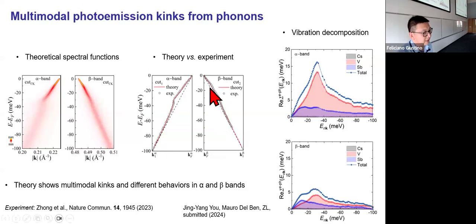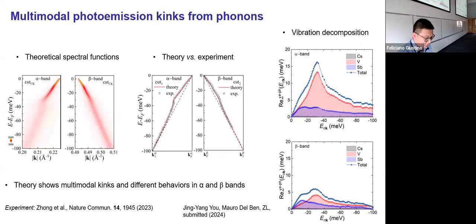We can also understand the different behavior by decomposing the self-energy into different vibrations. And basically, we see that the vibrations of different atoms contribute at different frequencies, which gives you this multimodal behavior in these Kagome superconductors.